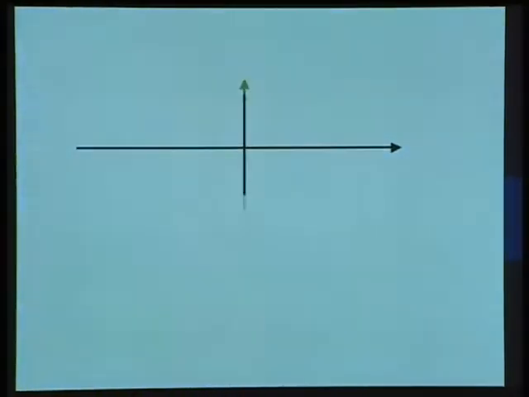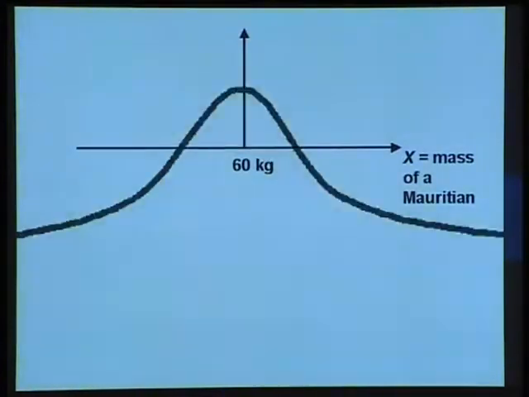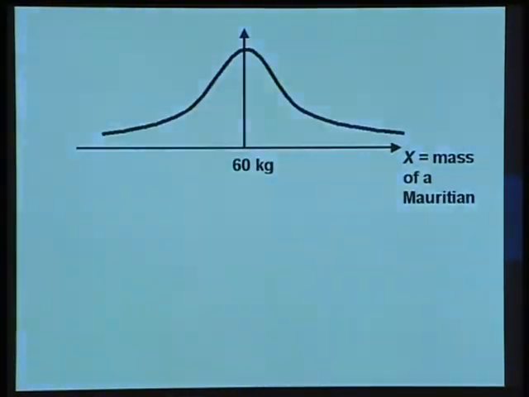So let's see. The horizontal axis represents the mass of a Mauritian, and suppose that the mean mass of a Mauritian is 60 kilogram, and that the mass of a Mauritian follows a normal distribution. Suppose that we want to know the probability that the mass of the Mauritian is less than 40 kilogram.